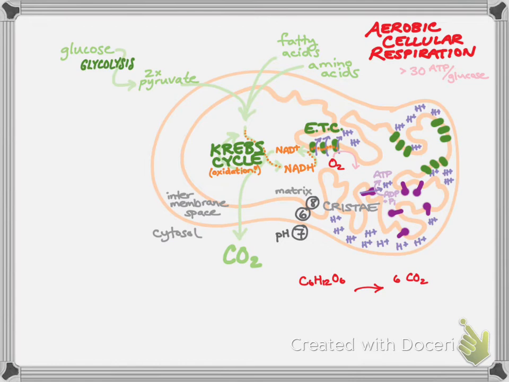If you add electrons to oxygen, making it effectively negative, and it binds some protons, you're going to end up with water. So that's why I've drawn in those little orange dots. Those represent the electrons. Oxygen turning into water is our final electron acceptor, and that's why the final equation hopefully makes sense.